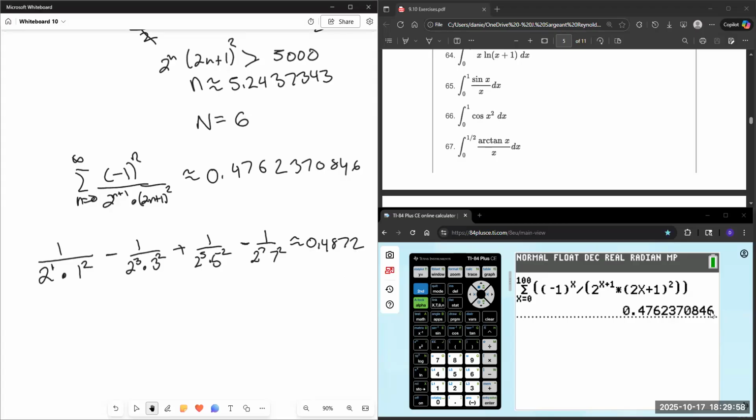It can give you some smaller answers or some larger answers with the scientific notation that it writes.